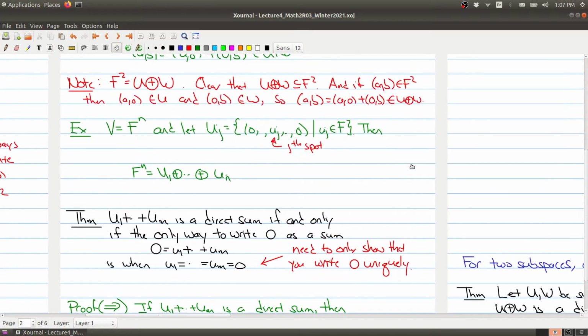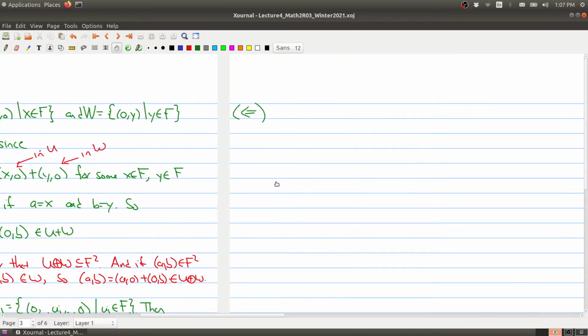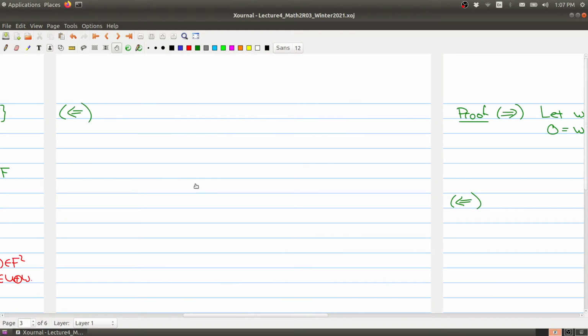But it's the other direction that takes a little bit more work. I have a lot of room here to work out the details. The proof is going to say: let's take 2 different ways of writing an element and show that they have to be the same.